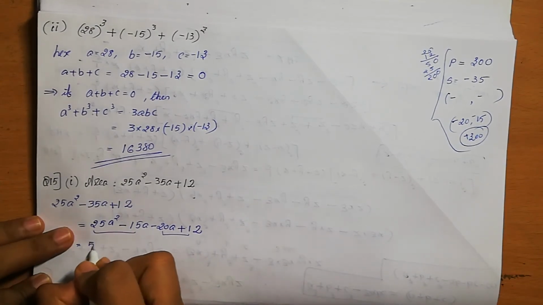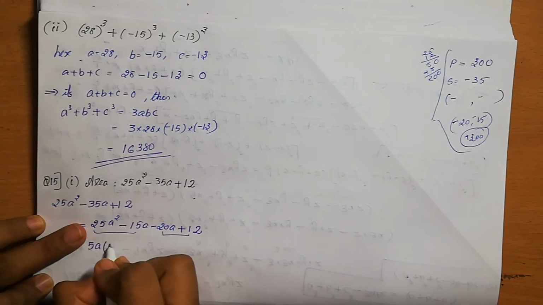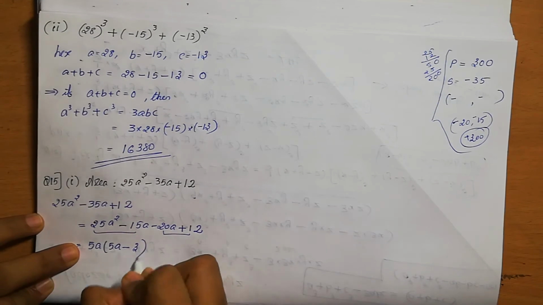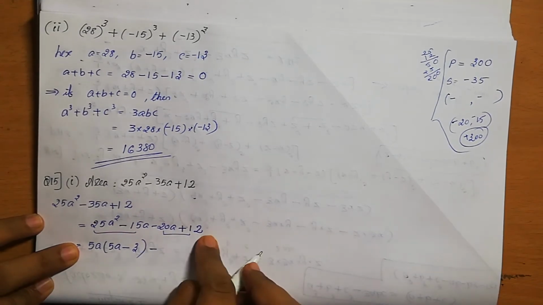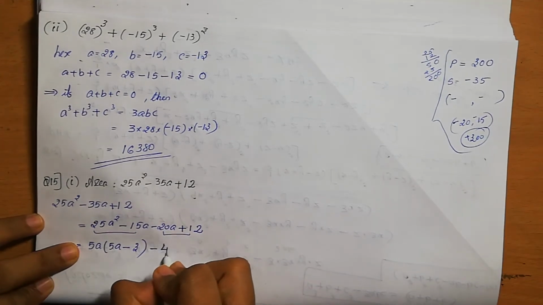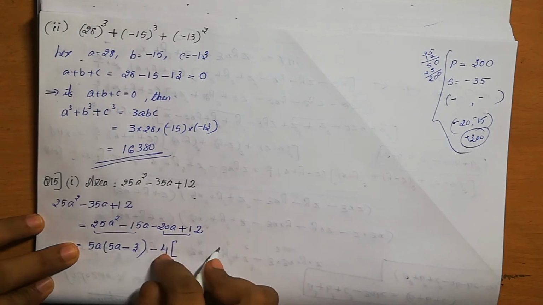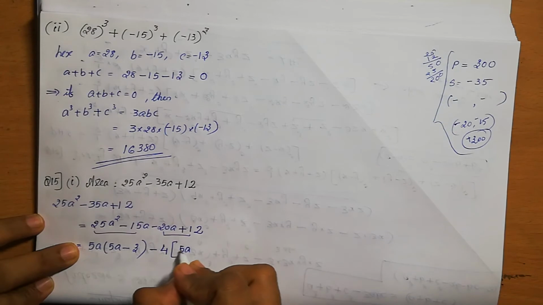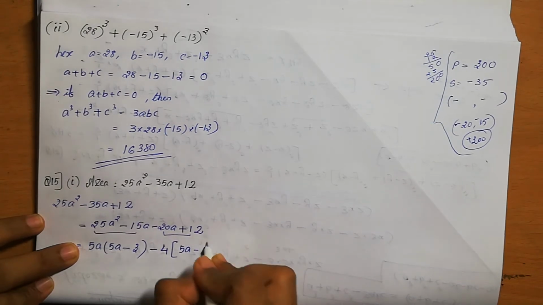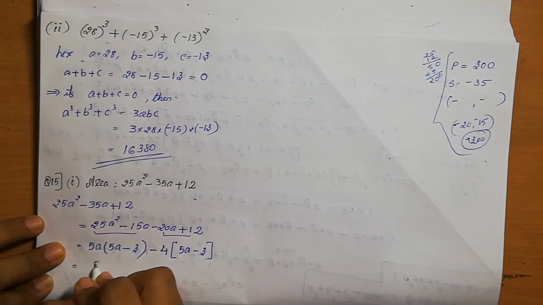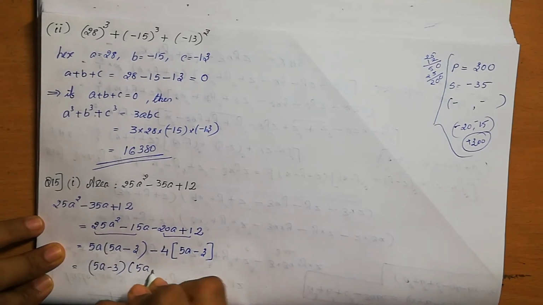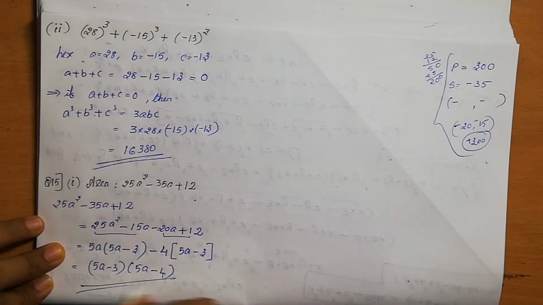That means 5a is common means what is remaining? 5a minus 15 by 5 is 3, a by a is 1 minus, from these two terms I can take minus 4 as common. Remaining is minus 20 by minus 4 is plus 5a, 12 by minus 4 is minus 3. So again we can take 5a minus 3 common. Remaining is 5a minus 4.